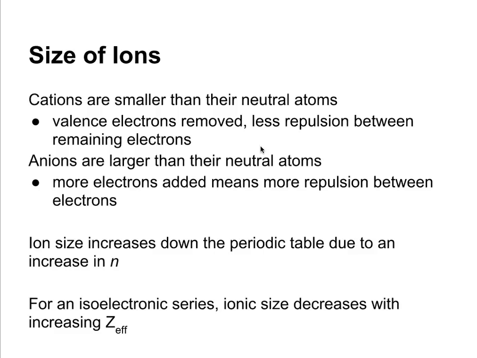For different species that have the same electron configuration, ionic size decreases with increasing effective nuclear charge. So the stronger that effective nuclear charge, the smaller the ion is going to be, because the attraction between valence electrons and the nucleus is greater. They're going to be pulled in closer to the nucleus.